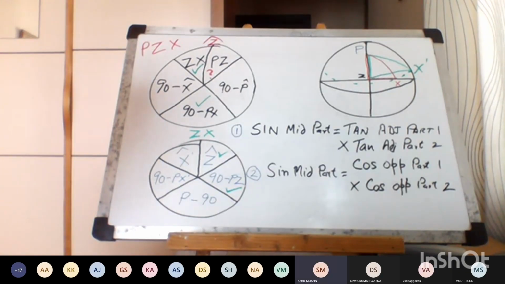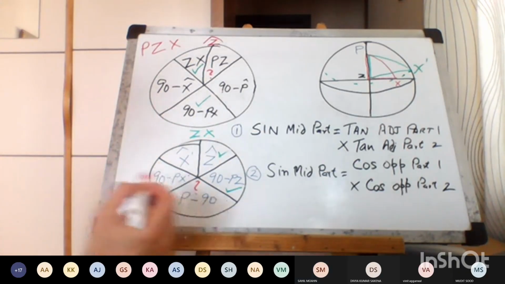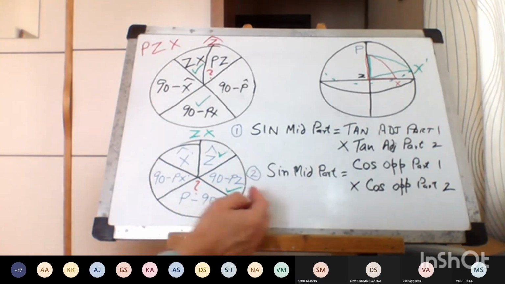Sir, angle P. The angle P will give me the LHA. Then from the GHA formula I can find my longitude. So I have to find angle P. Which formula can I use now? First one, sir. Yeah, I can use the first one.